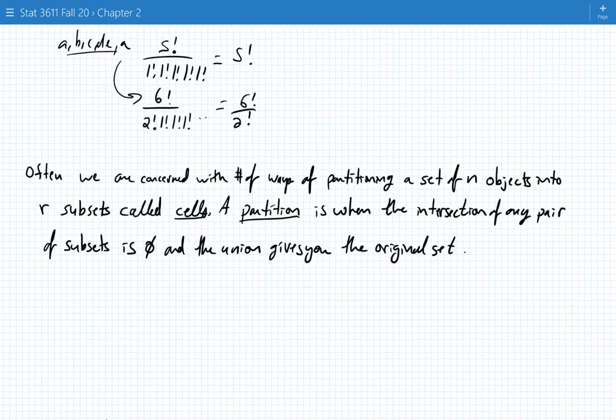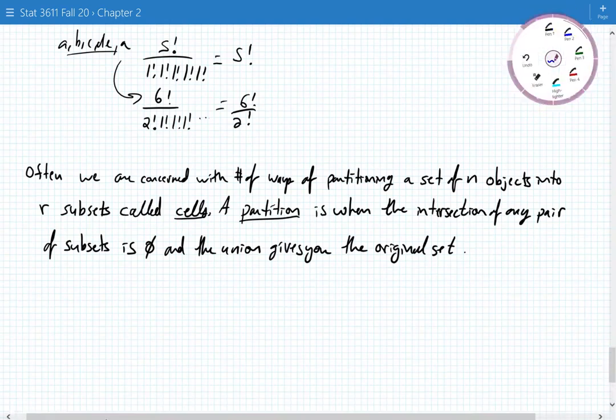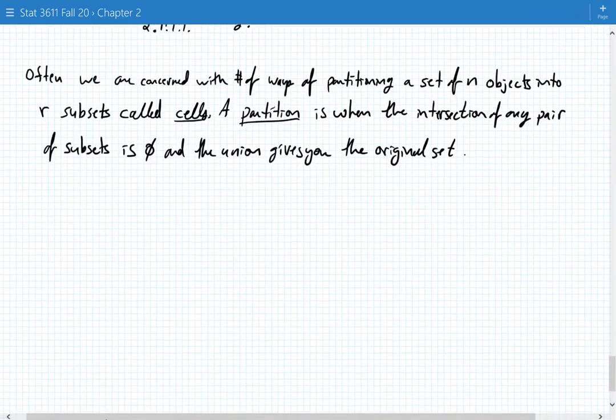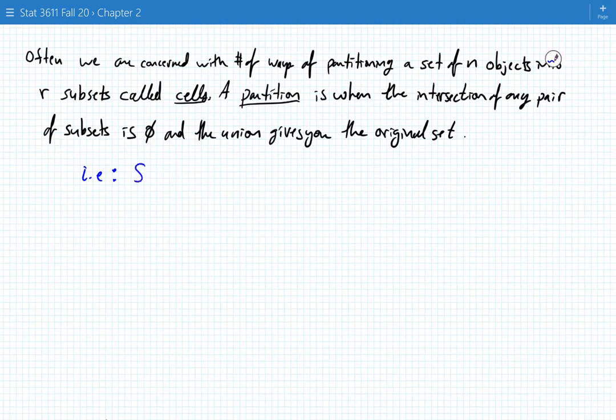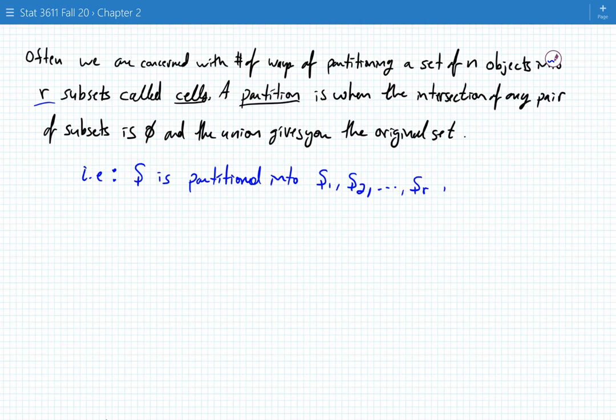So in a mathematical sense, for those of you who are math or stat majors or minors, here is this concept in formal notation. We would say the set S is partitioned into different cells or sets S1, S2, and so on. How many subsets do we have here? We have R subsets, so up to S sub R, if the intersection of any two is empty.